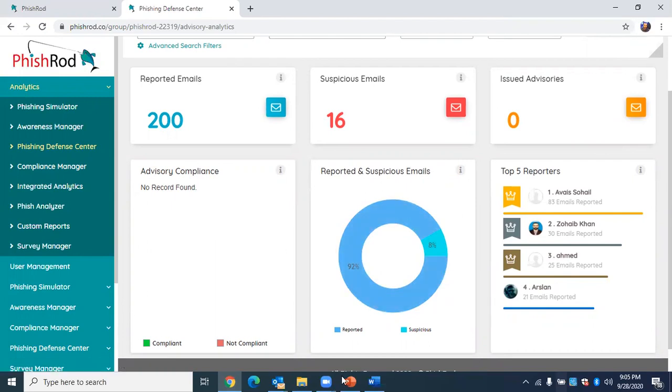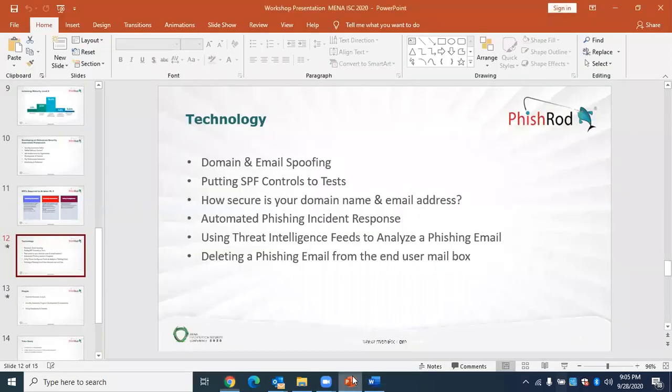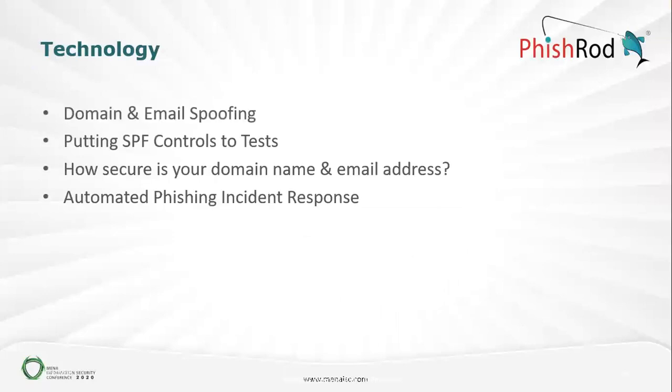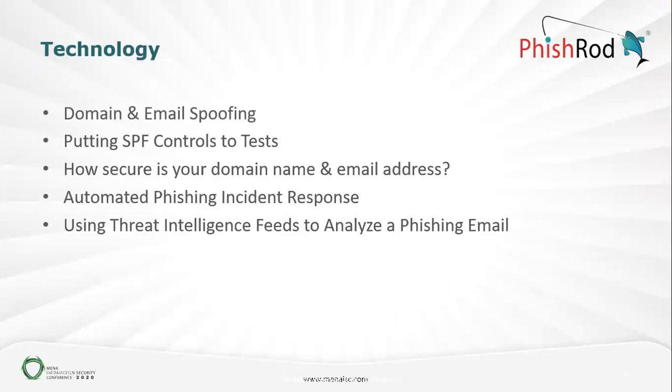So in a nutshell, what we are trying to cover here is that as long as you have this program in place, an integrated framework actually requires a holistic approach towards not only determining the end user behavior, but also having a mechanism for an automated phishing incident response that can instantly take actions, not only rely on intelligence, but also take quick action for remediation, not only to remediate specific actions such as deleting emails, but also to gather this intelligence and pass it on to the relevant teams.